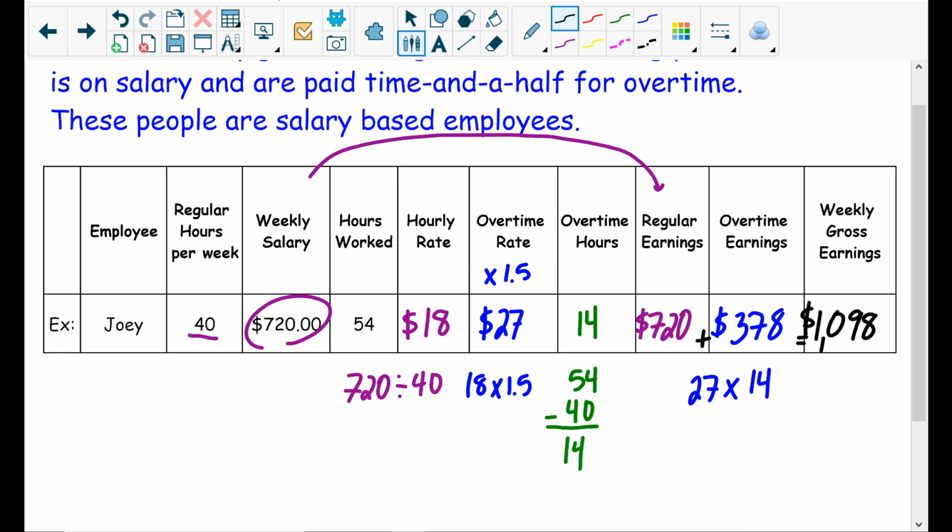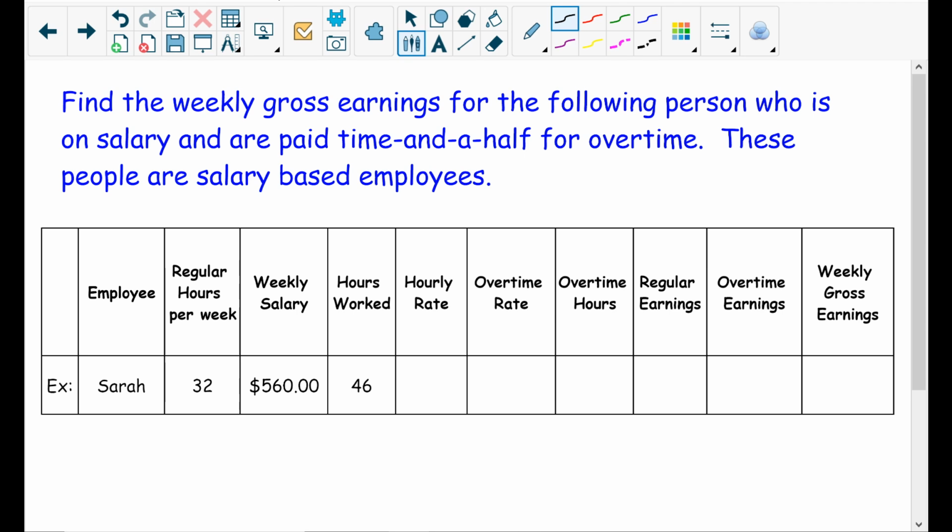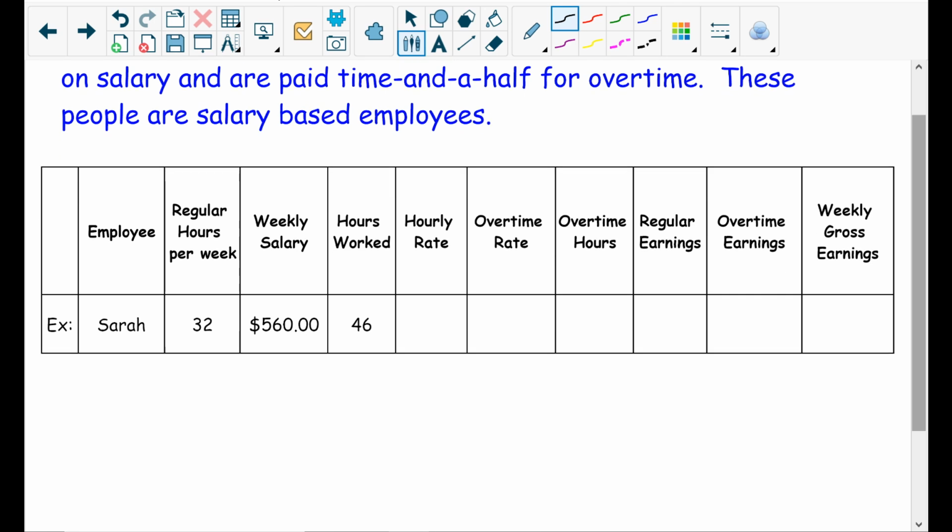So let's do one more example of this salary. Now here our regular hours are 32. So we're taking the weekly salary, 560, dividing it by our hours, 32. 560 divided by 32 gives me 17.5.